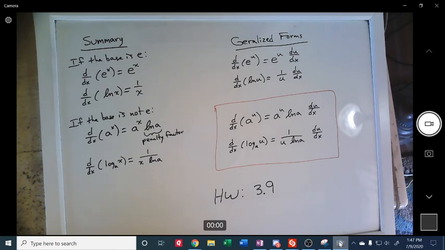Yep. It does mean take the derivative of that internal function.